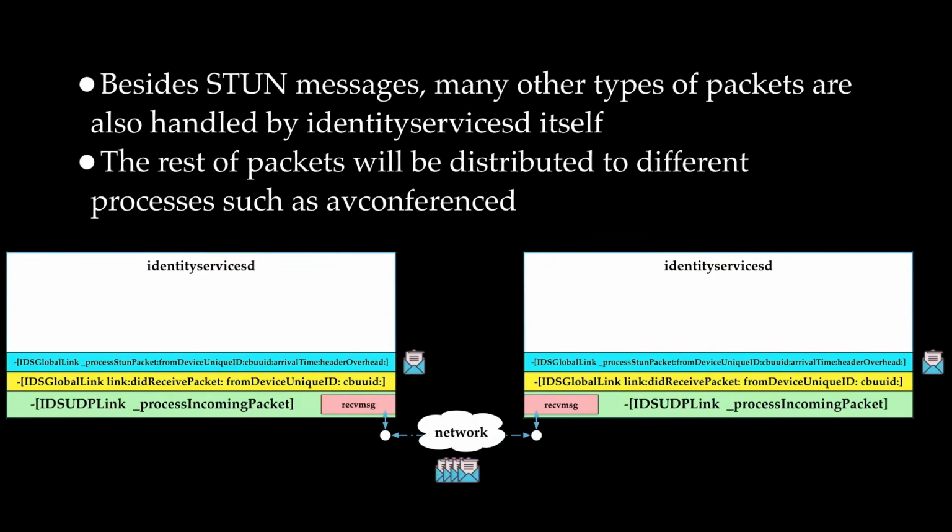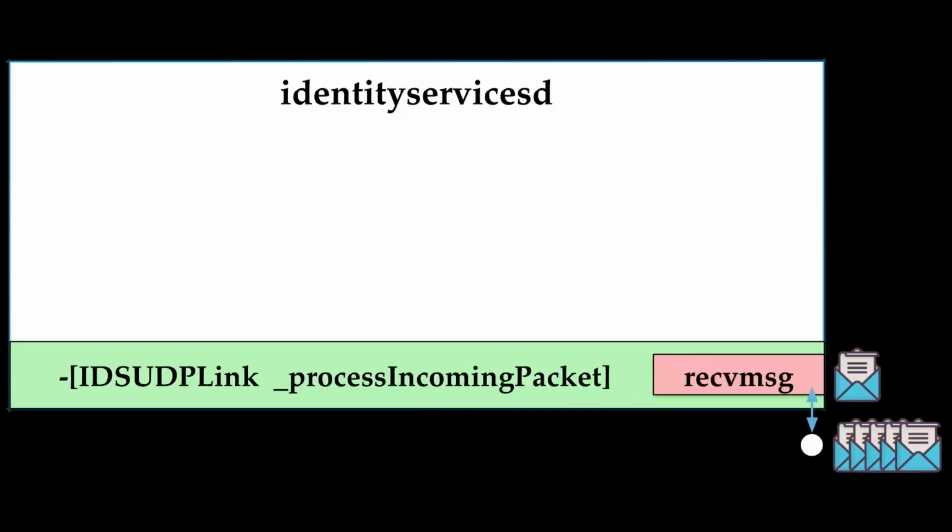Besides system messages, many other types of packets are also handled by IdentityServicesD itself. The rest of the packets will be distributed to different processes, such as AVConferenceD, packets like RTP packets or RTCP packets. The RTP packet handler is in another process, but at first it looks the same.